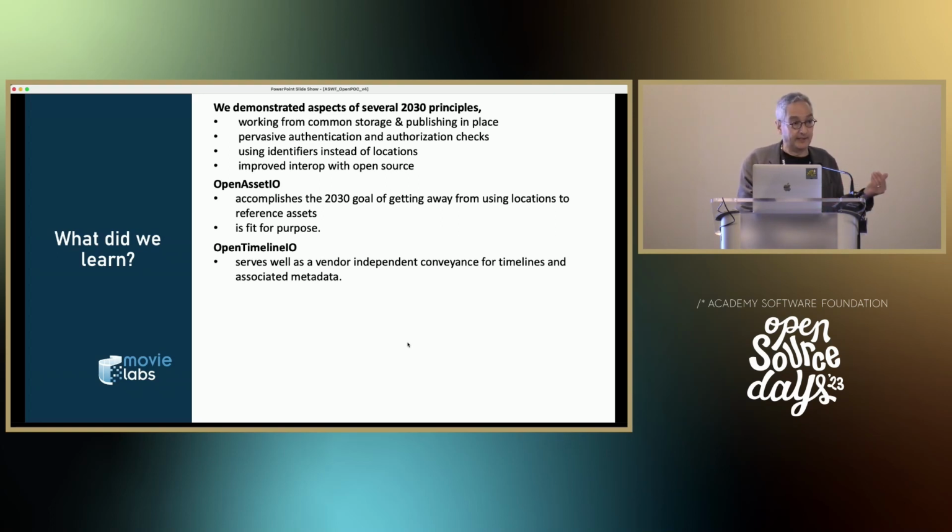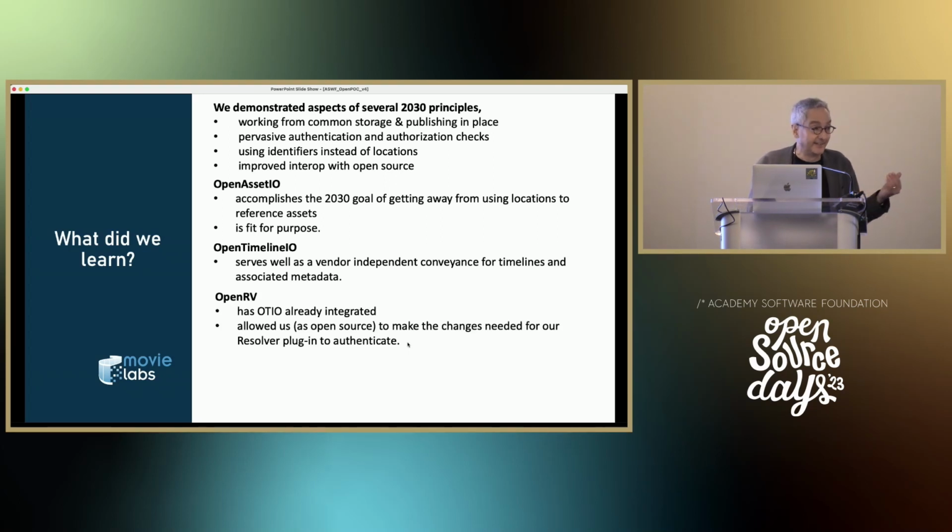It was great that OpenRV already had OTIO integrated with it, so we didn't have to do that. And also the fact that OpenRV was open source actually allowed us to make a few little changes that we needed in order to propagate some of the authentication information through to our MovieLabs resolution plugin that needed to authenticate to our resolver service.